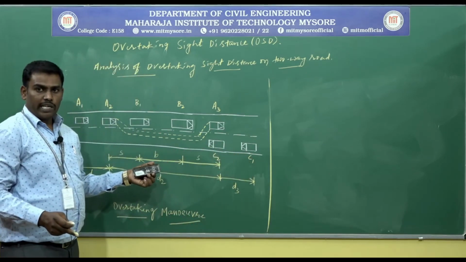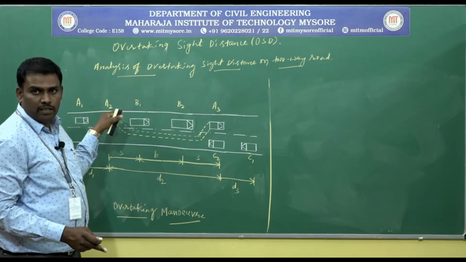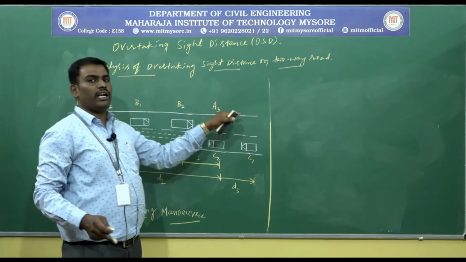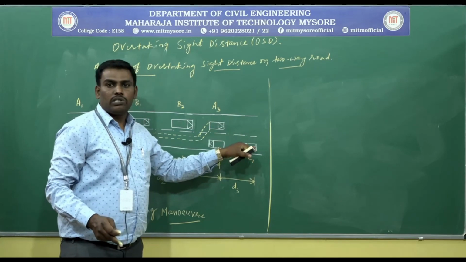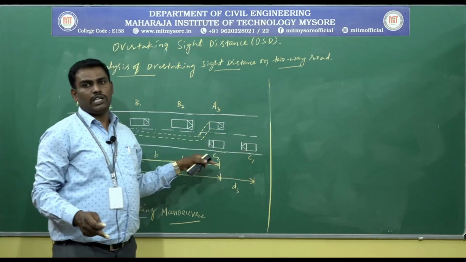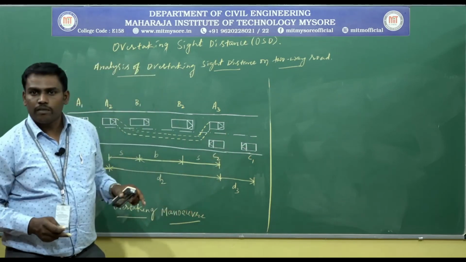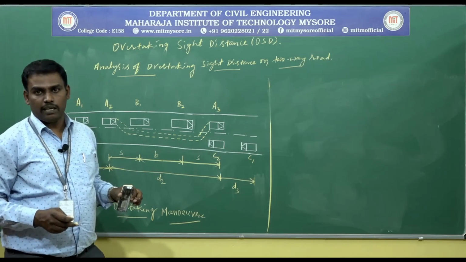Whatever time is taken by vehicle A to change its position from A2 to A3, the same time is taken by vehicle C to change its position from C1 to C2, and it is travelling at the design speed V meter per second.